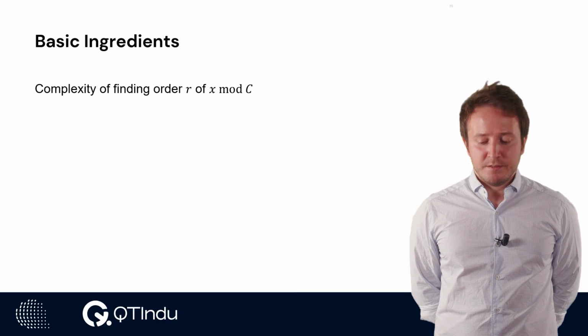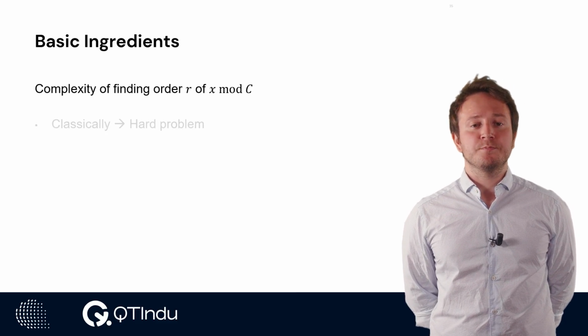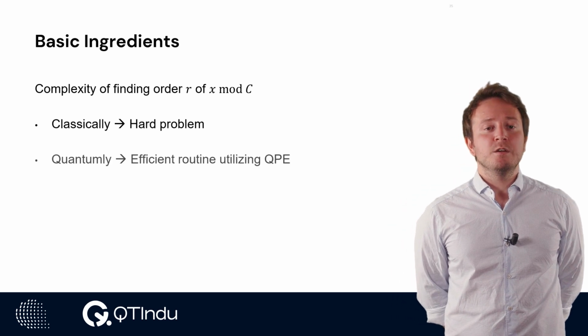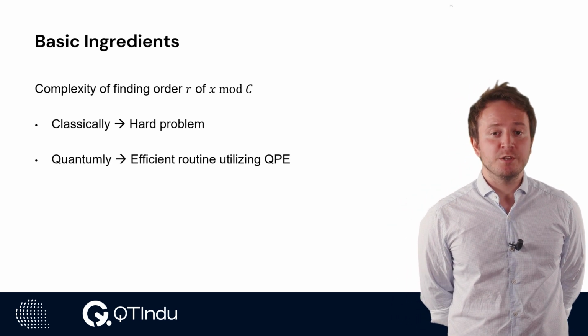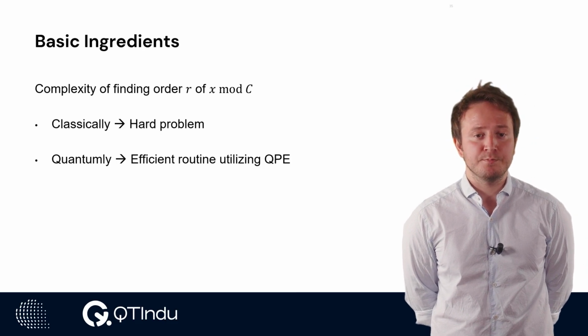Now, let's see the complexity of finding the order r of x modulo c. Classically, this is a very hard problem, while quantumly, there's an efficient subroutine of Shor's algorithm that computes this by utilizing the quantum phase estimation algorithm.